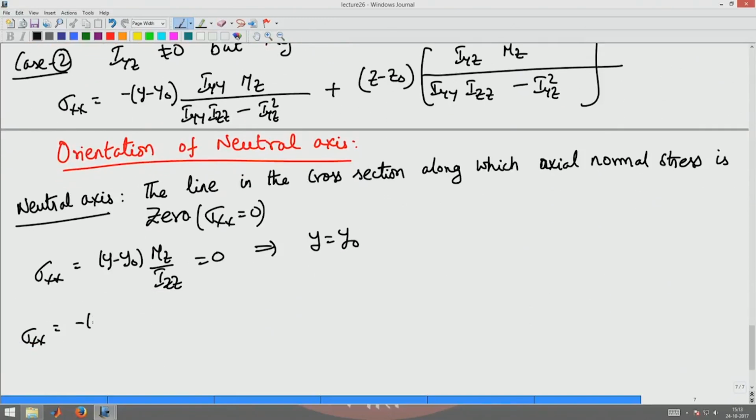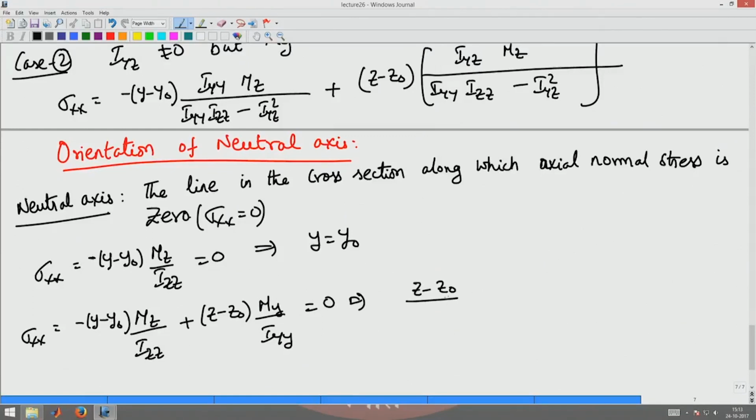It would be minus (y minus y naught) Mz by Iz plus (z minus z naught) My by Iy has to be equal to 0. This implies (z minus z naught) by (y minus y naught) must be equal to Iy by Iz into Mz by My.